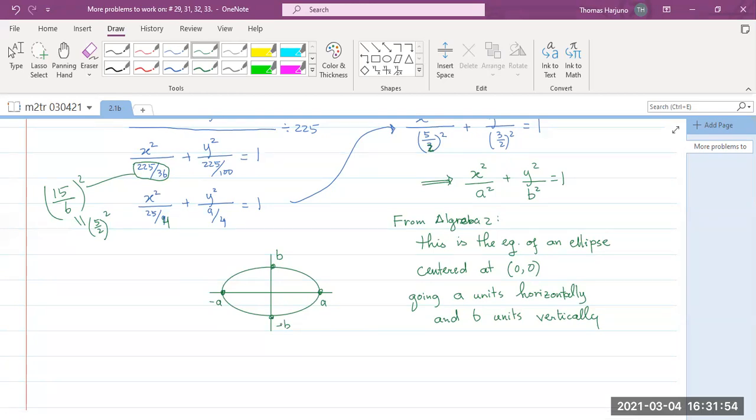Now, from algebra 2, we learned that an ellipse has two foci, two focuses. Focus, but if you make it plural, it becomes foci.